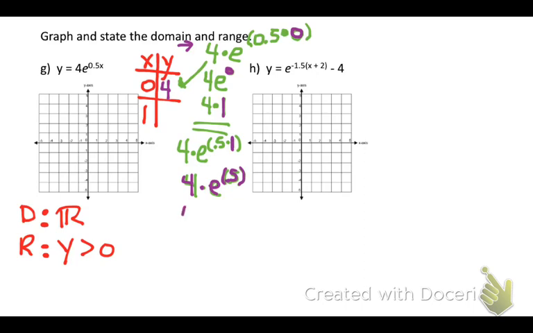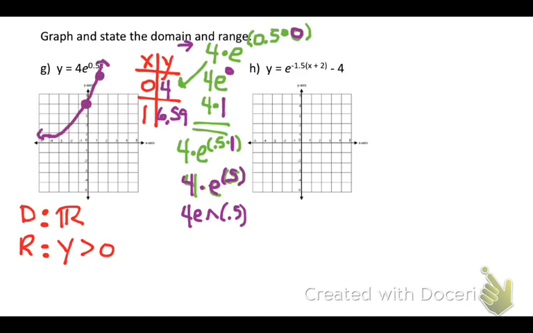So you're going to put in 4, and then you use the second and then the e^x, and then it'll raise it to the 0.5 if you type in 0.5. So you'll end up with e and then the little caret and then the 0.5. And then the y value should come out to about 6.59. And now we'll graph it.